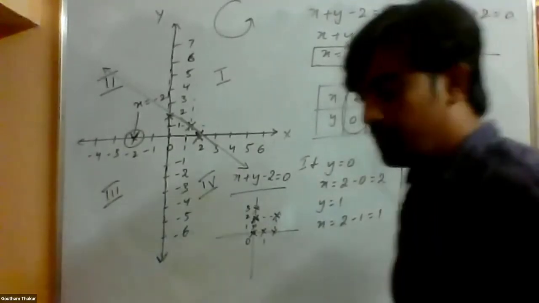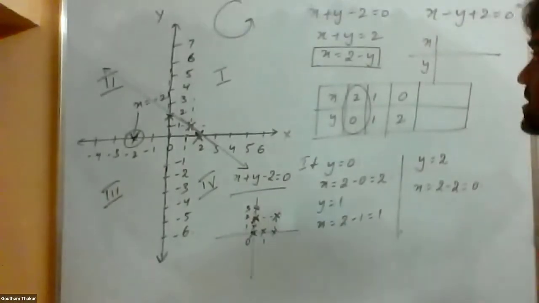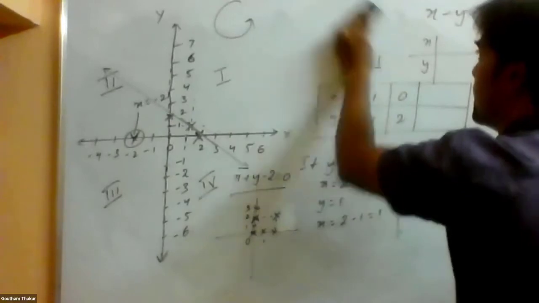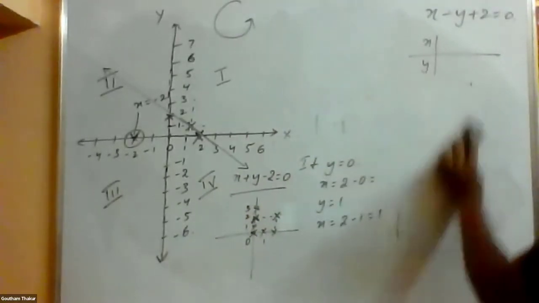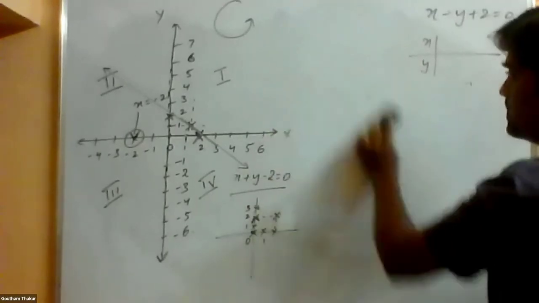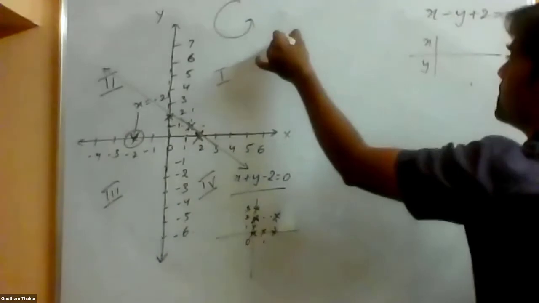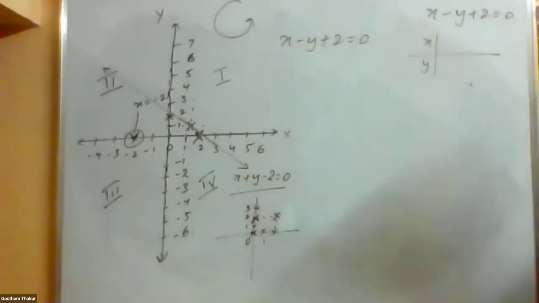Let me see how many of you can solve this. Okay, let me write the expression somewhere over here. I'll just erase this. Okay. My expression is x minus y plus 2 equal to 0.